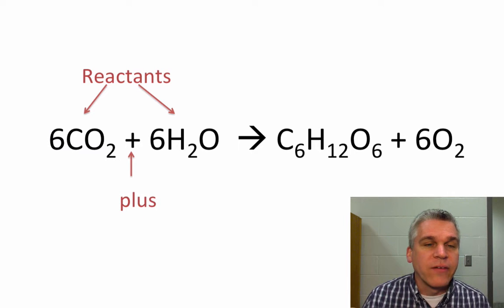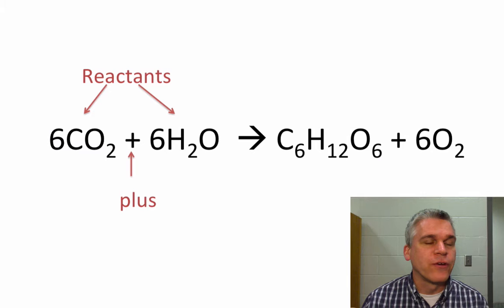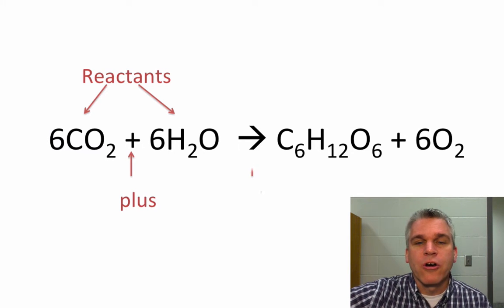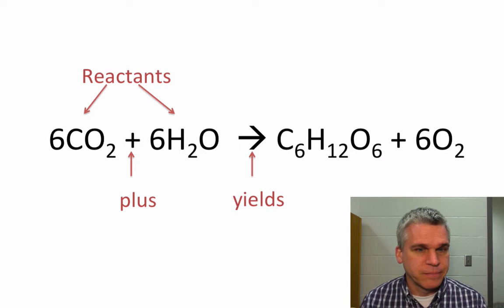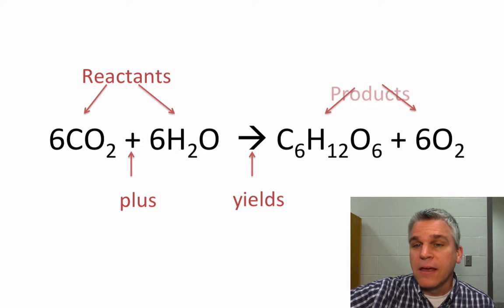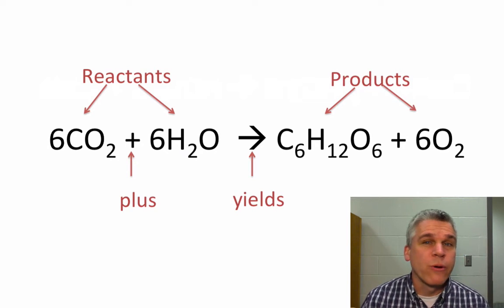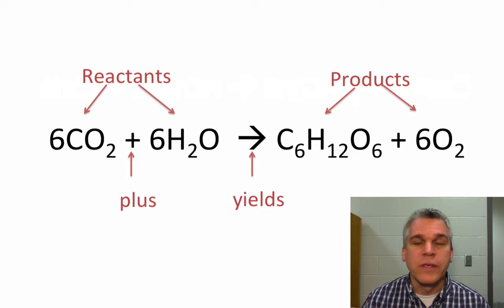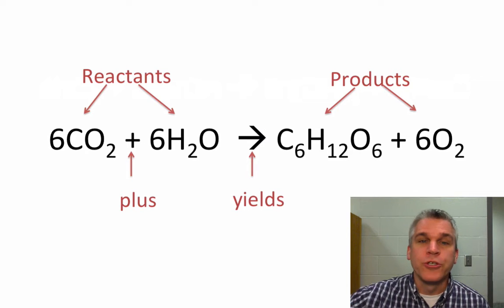That tells us that we have, in this case, 2 different molecules that are going to be combined together. The arrow is called the yield sign. And then what is made are the products. So how we would read this, we would say 6CO2 plus 6H2O yields C6H12O6 plus 6O2.